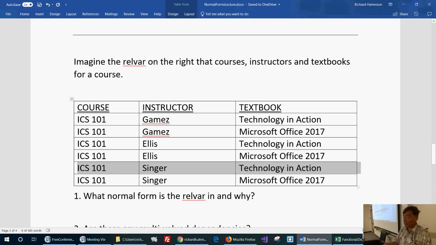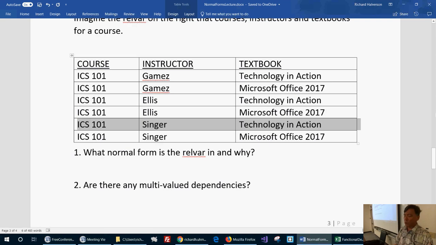That's the anomaly. It's not consistent. But there's nothing about the structure of this single table in BCNF that can help you learn that. But if you split them up, you see it's not in fourth normal form.